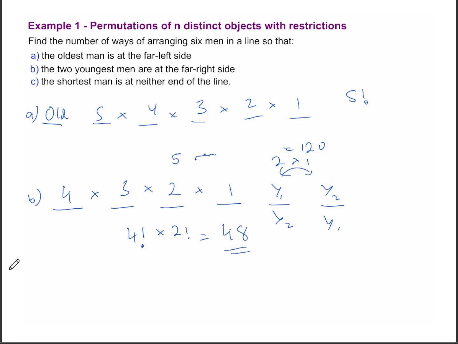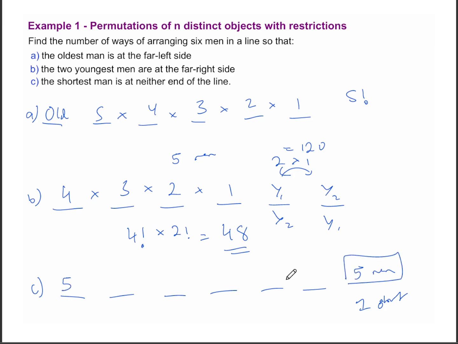That's for B. Then in part C, we are told, how many ways are there of arranging these 6 men if the shortest man is at neither end of the line? So we have again 1, 2, 3, 4, 5, 6. And so we're going to group these men. We're going to have the 5 men that are there and that short man that's there. Firstly, we will choose the men for the end spaces from these 5 men.